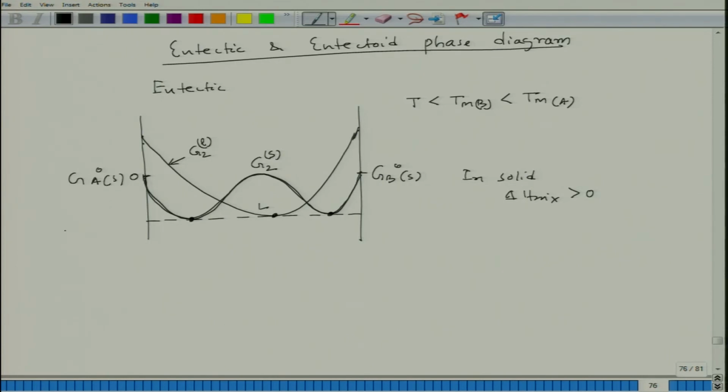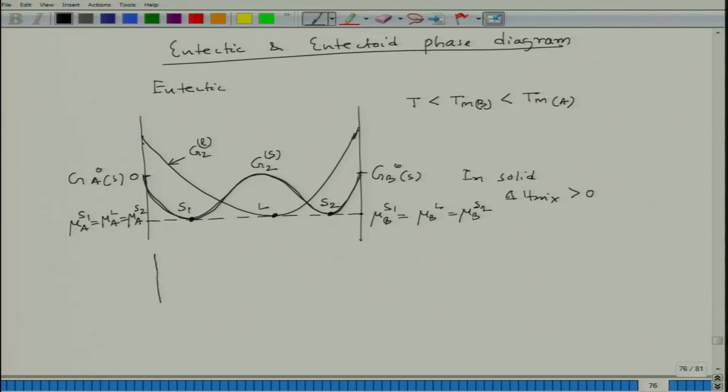So, I can mention the equilibrium condition: mu A solid 1 equal to mu A liquid equal to mu A solid 2, and similarly here I can write mu B solid 1 equal to mu B liquid equal to mu B solid 2.